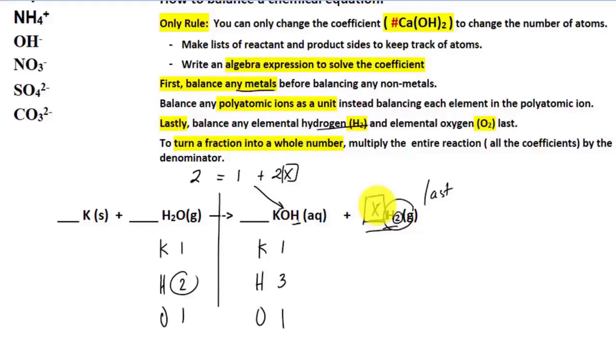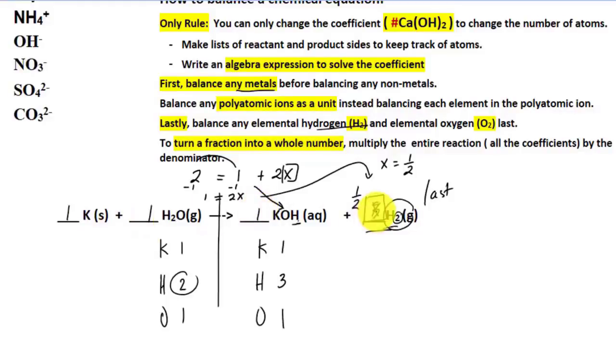Let's do that. So in this case, 2 minus 1 gives us 1 equal to 2x. And what is x going to be? Well, x is going to be 1/2. So this right here is going to be 1/2. And now we have a fraction. So our answer is 1, 1, 1, and 1/2.